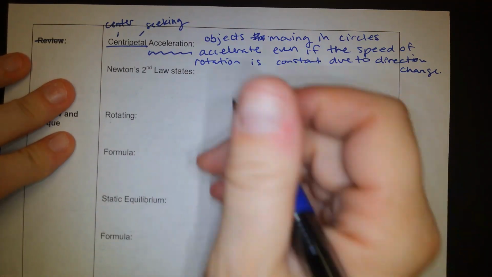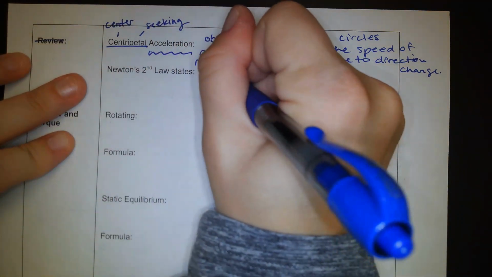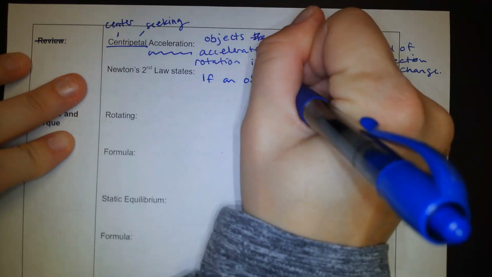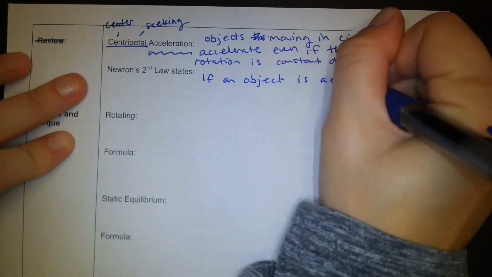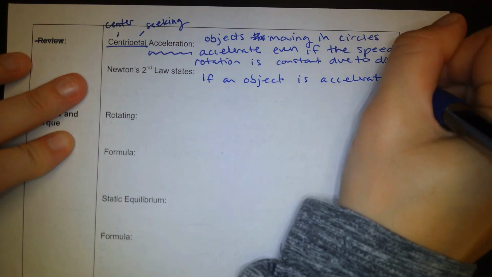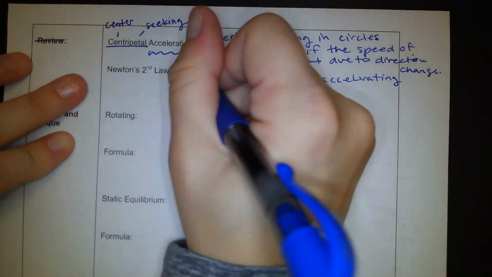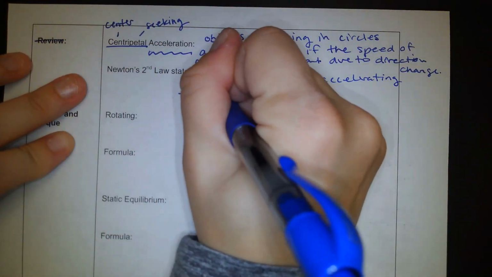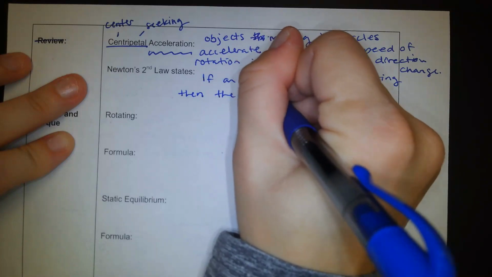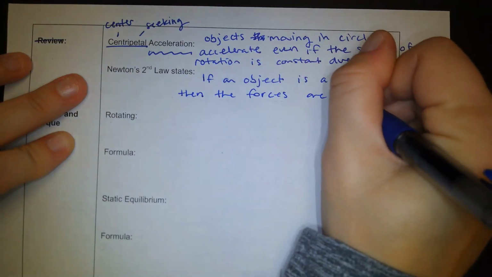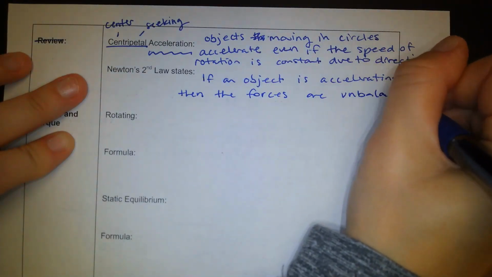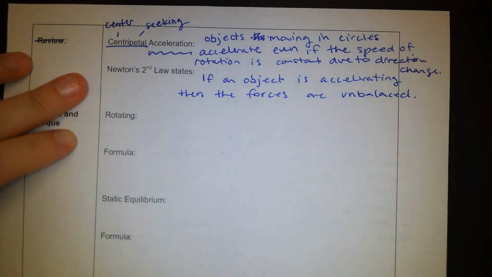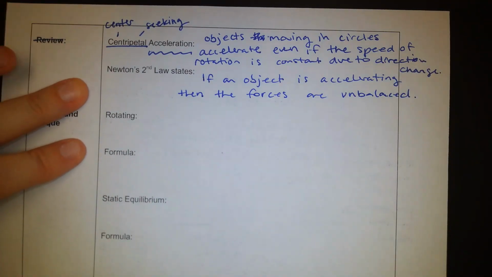Newton's second law states if an object is accelerating, then the forces are unbalanced. So there has to be some kind of force causing it to continue in a circle.